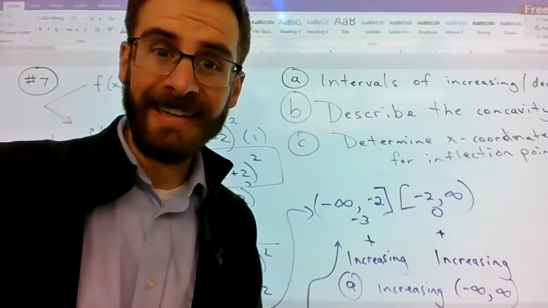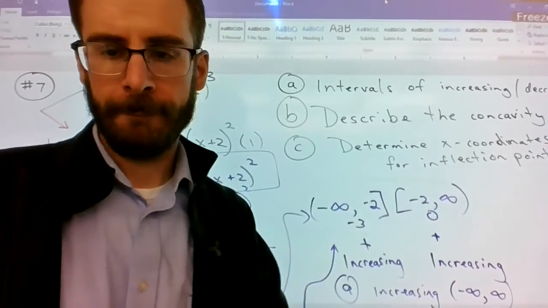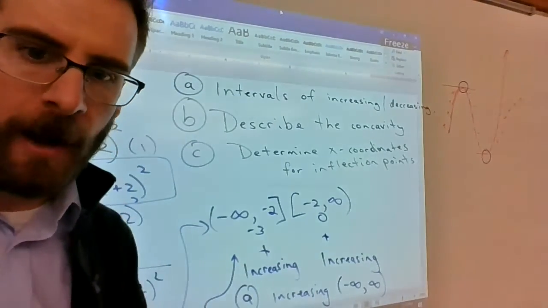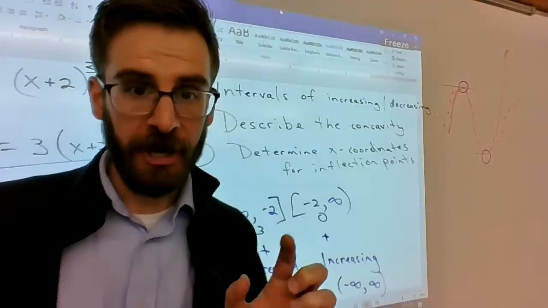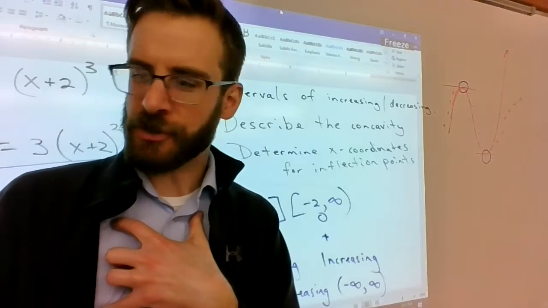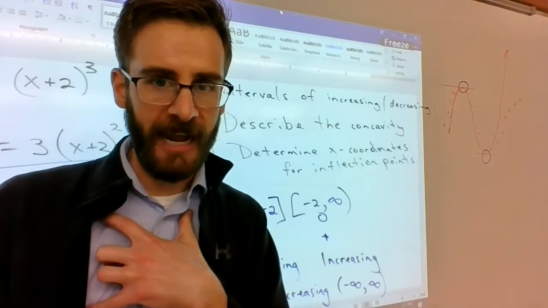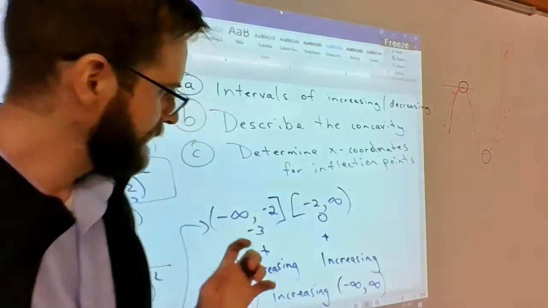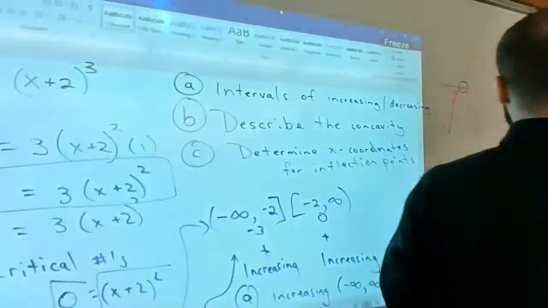Let's talk part B, concavity. Concavity basically is talking about where we switch from concave up, which I think in the video, at least the way I've described it and the way the reading sort of mapped it out, is it holds water, okay? It's sort of like right here.